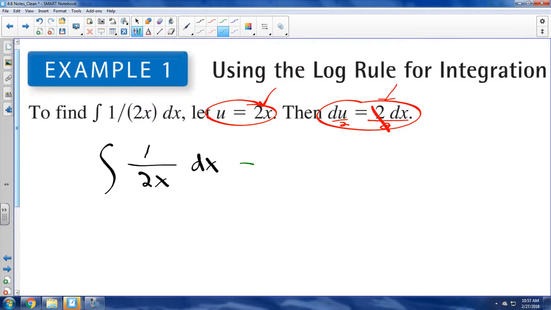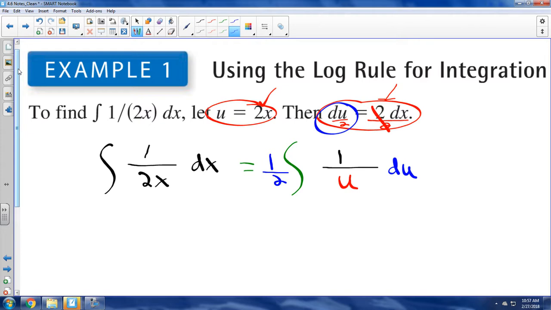This is equal to the integral of 1 over, I'm going to call that u, because 2x is u. And then dx is actually equal to du over 2. So I'm going to put the du here, and I'm going to put the over 2 here. Pull it out.